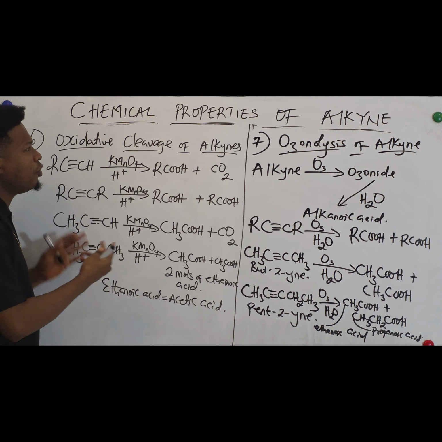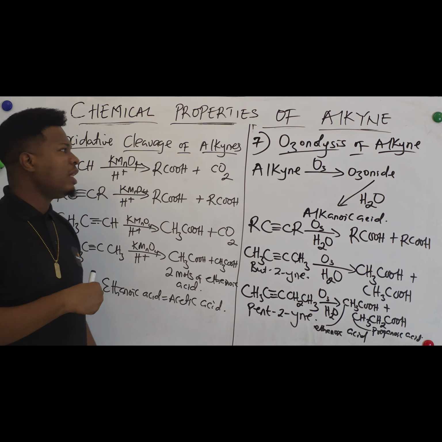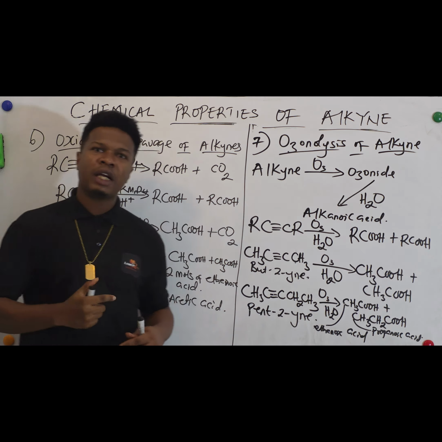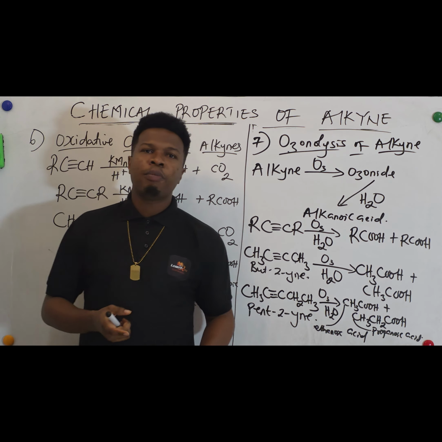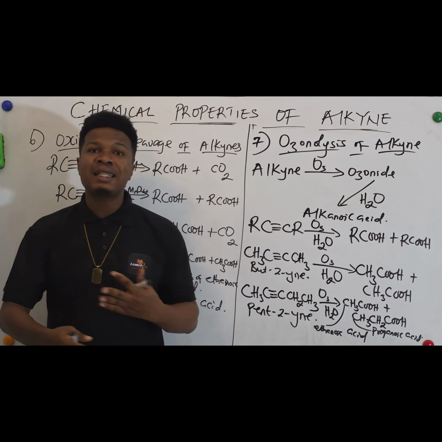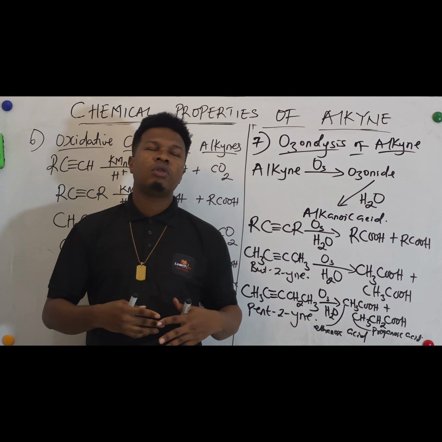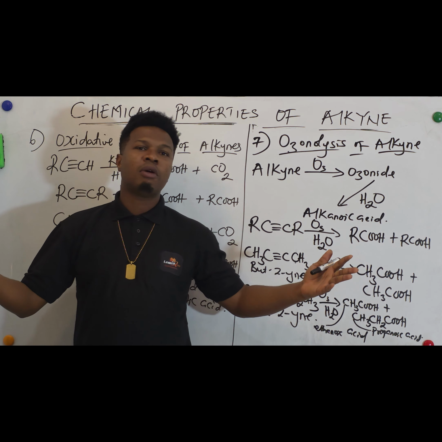So these are the few reactions of alkyne. The next one would have been the polymerization reaction, but it's very simple. Polymerization simply means polymerizing an alkyne to a bigger compound.